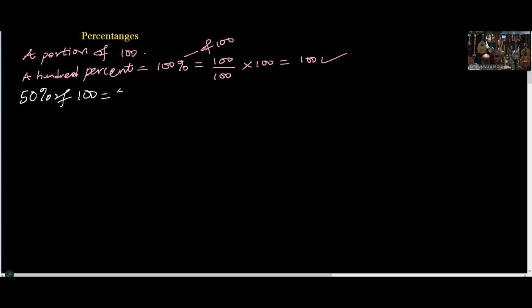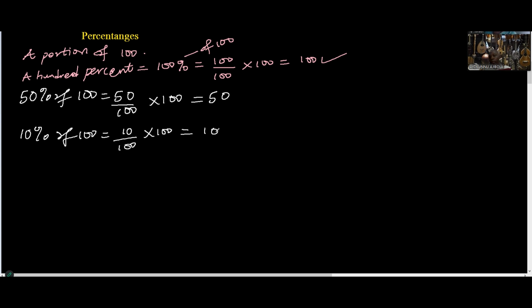So you just say 50 over 100 times 100, and this is going to give us 50. So if I say 10% of 100, this is 10 over 100 times 100, and this is going to be 10.